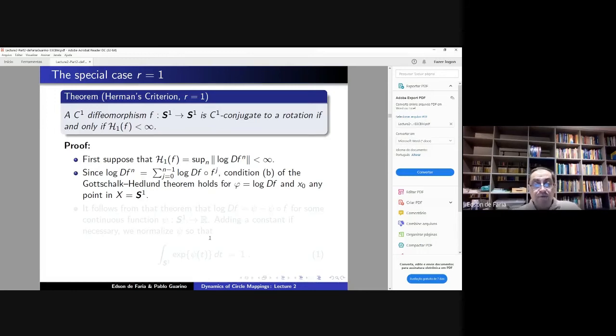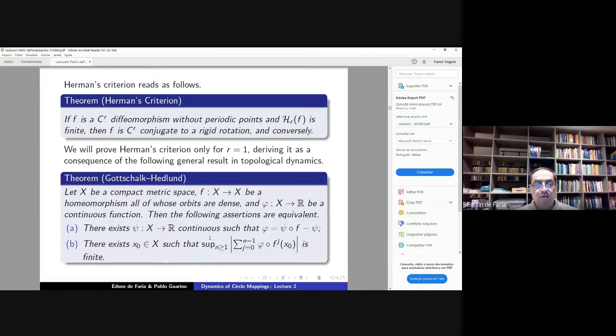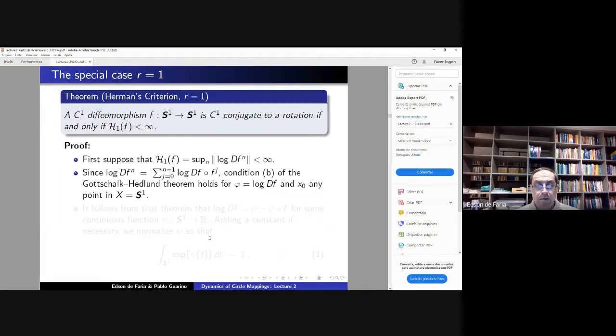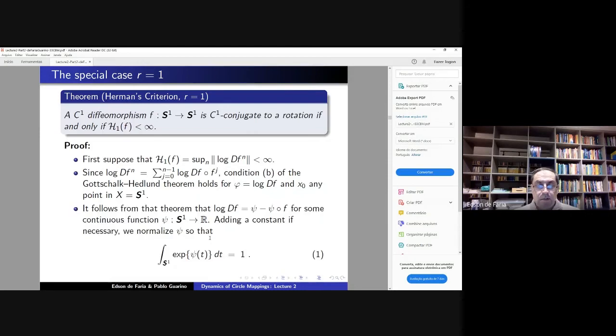And therefore, this says that the function log Df satisfies the second condition in the Gottschalk-Hedlund theorem, right? Which, I remind you, says that the sup of these sums is finite, okay? Why is that? Well, it's immediate that it satisfies condition B, so therefore it satisfies condition A as well.